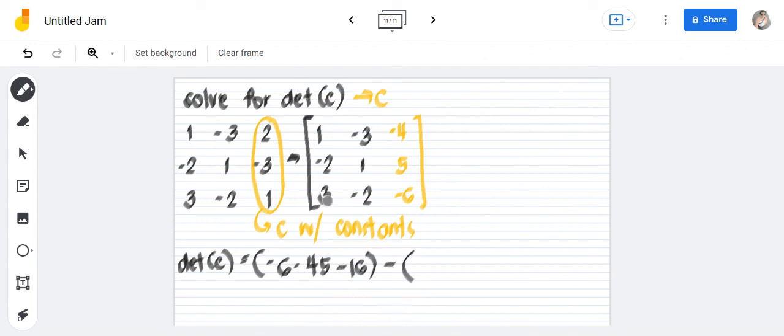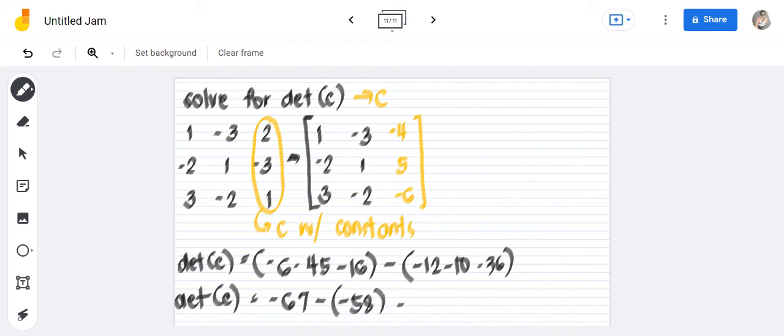So minus 3, 1, negative 4, negative 2, 5, 1, negative 6, negative 3, negative 2. We now have the determinant of C equal to negative 67 minus negative 58, that is equal to negative 9.